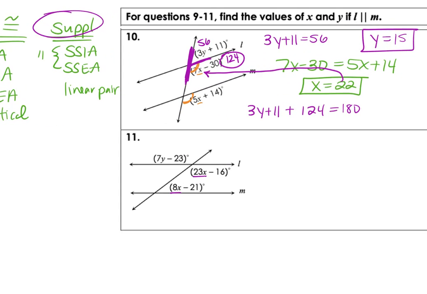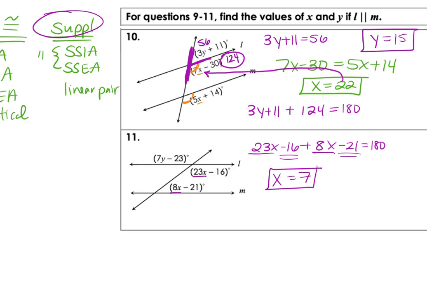So if those are same side interiors, then we're going to say 23x minus 16 plus 8x minus 21 should equal 180. Okay, now solve that. Combine those, and then solve. On this one, you get that x comes out to 7 once you're done solving all of that.